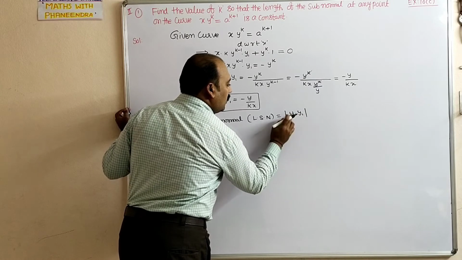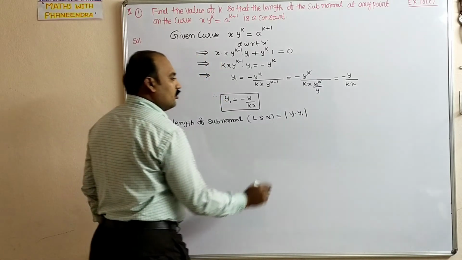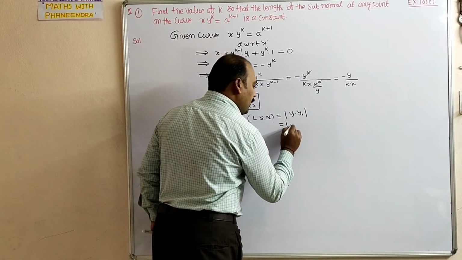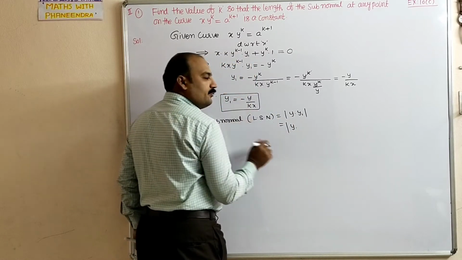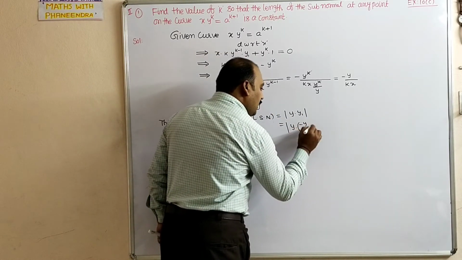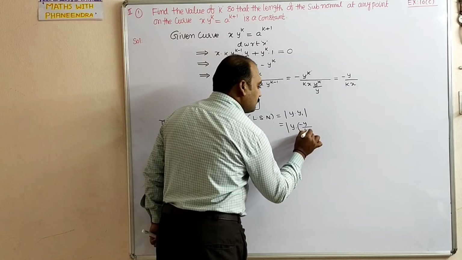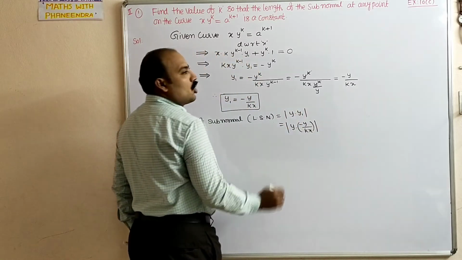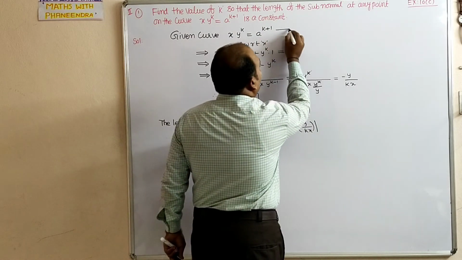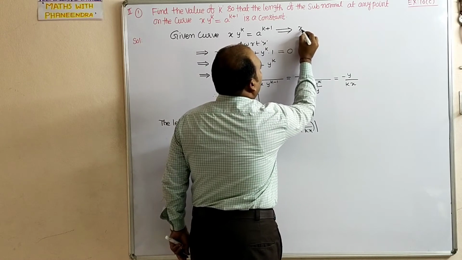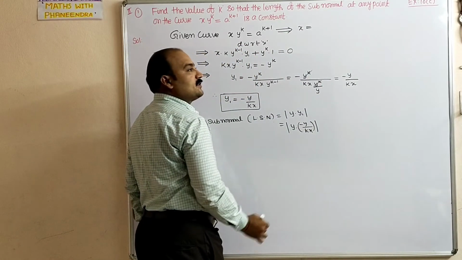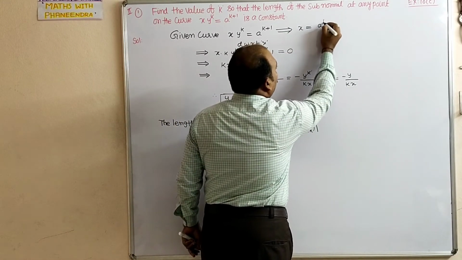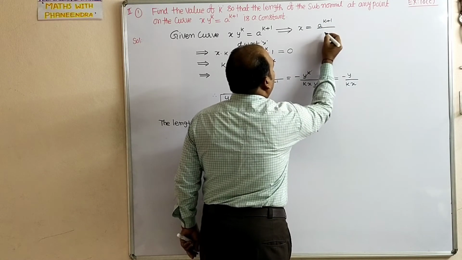This is the formula, which is equal to y into y1 value, which is minus y by kx. From the given curve, make x the subject: x is equal to a power k plus 1 divided by y power k.